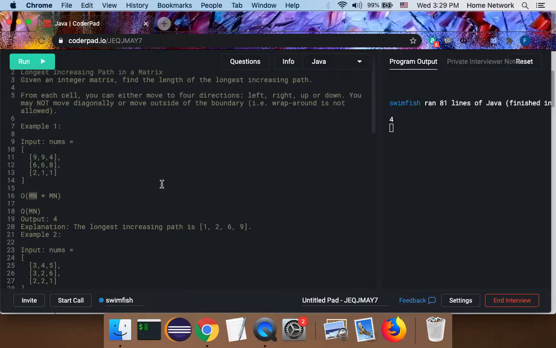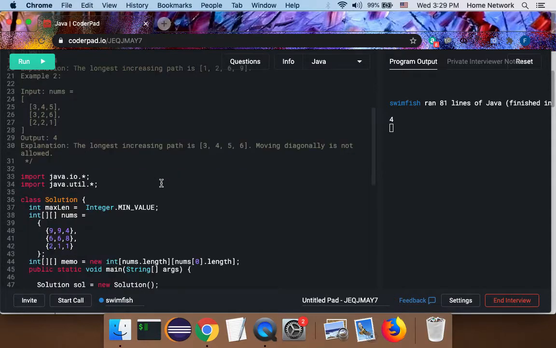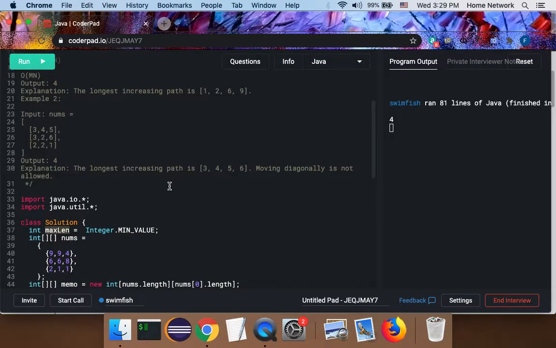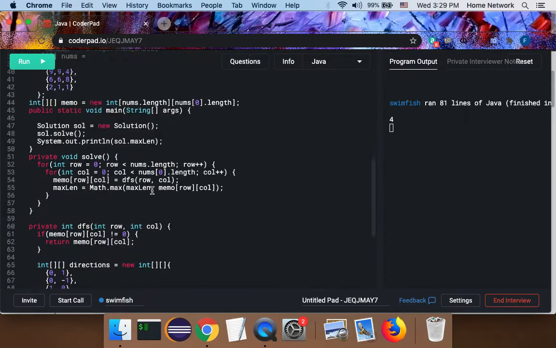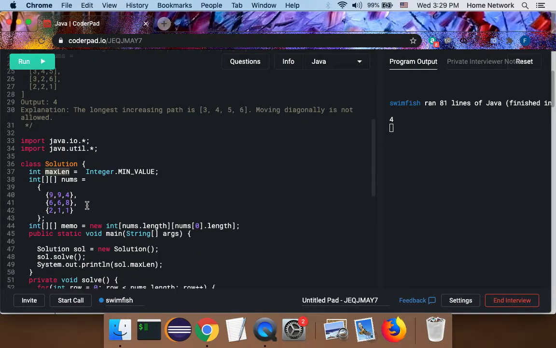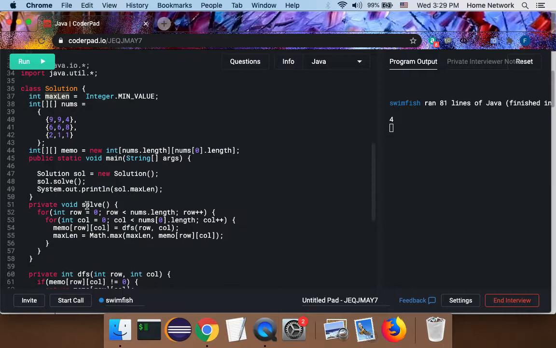So let's start looking at the code. Here is a global variable. When we examine the matrix, we record the longest path we have ever seen. And this is our memoization.